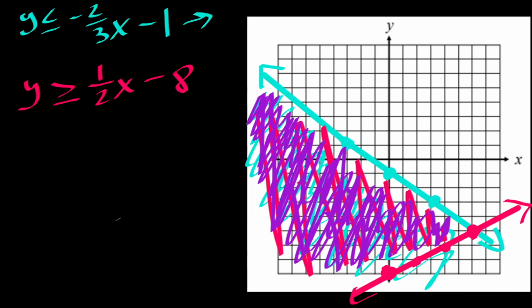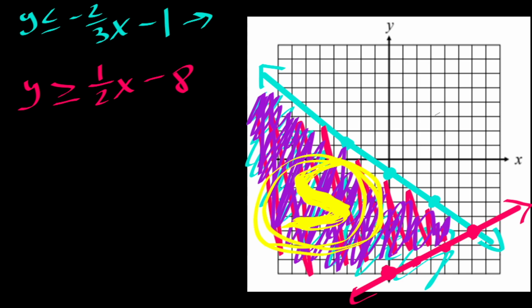Or you could just draw an S where the solution will be and shade it in. That way, whoever's grading, or if you're taking a test, you can see where the actual solution is. So this is where my solution actually is. What that means is, if there was a point in this shaded area, that point would be a solution to both of these inequalities. So that's all we have to do.